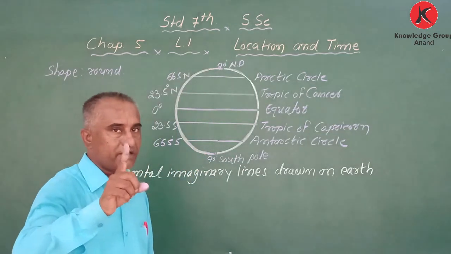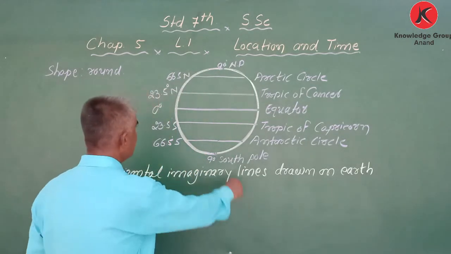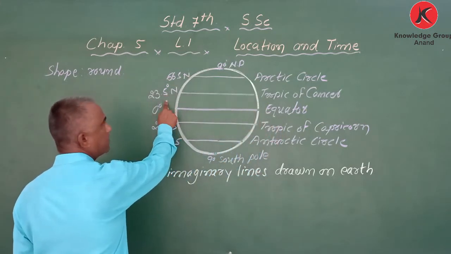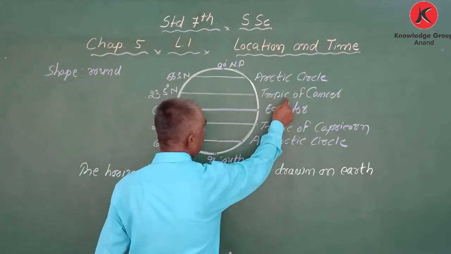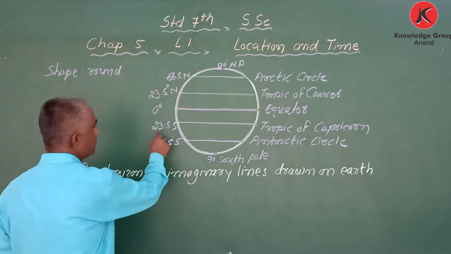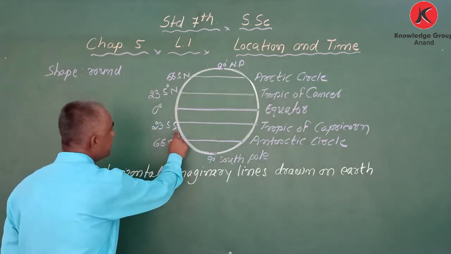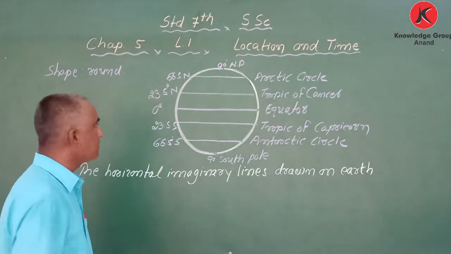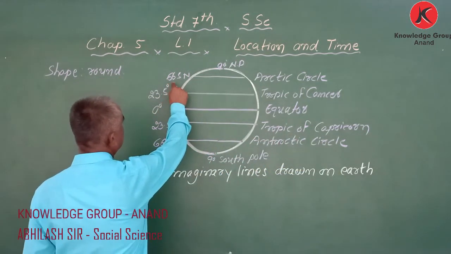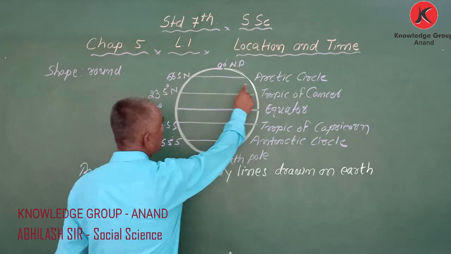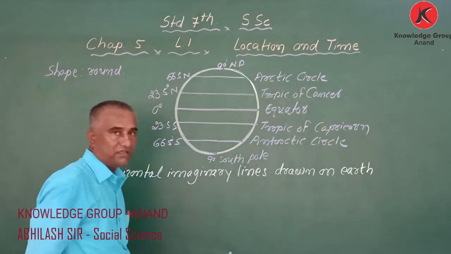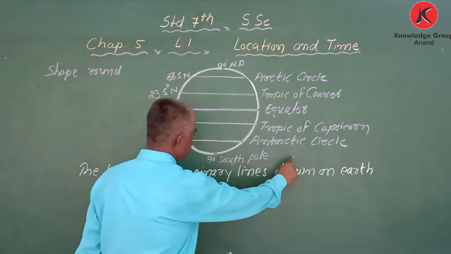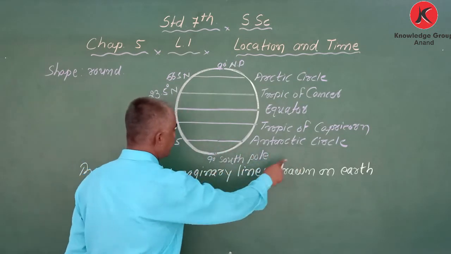So how many important latitudes are there? 5. Which are they? 0 degree equator, 23.5 degree north Tropic of Cancer, 23.5 degree S Tropic of Capricorn, 66.5 degree north Arctic Circle, and 66.5 degree S Antarctic Circle.